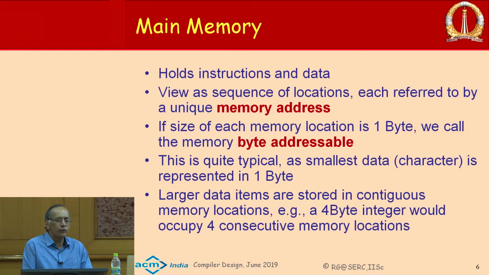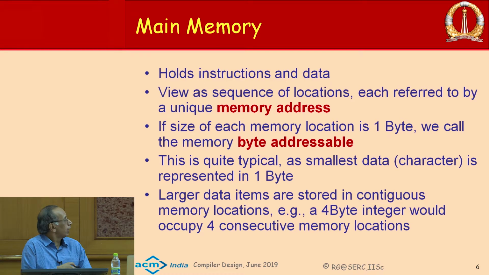Main memory is the one which holds instruction and data, correct, and you always access the main memory to access your instruction or data, and this main memory is actually organized as a sequence of locations. Each location is capable of storing some amount of information. Typically, each location is capable of storing 1 byte of information, that is 8 bits, right.